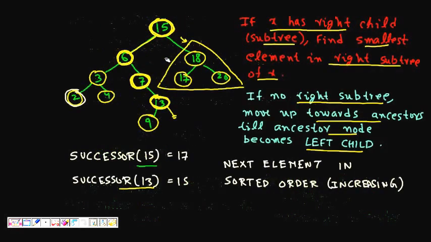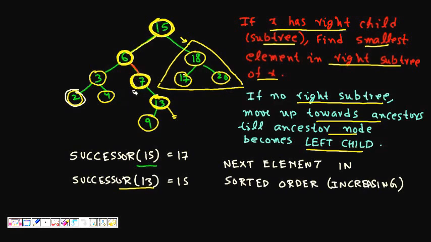Like here if we want to find the successor of 6, 6 has a right subtree because 7 is the right child of it. So in this subtree I find the minimum value, which will be 7 itself.